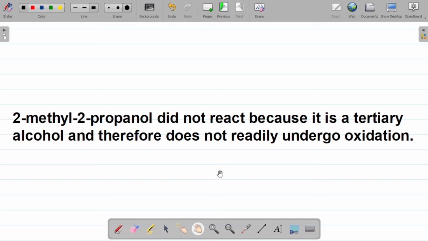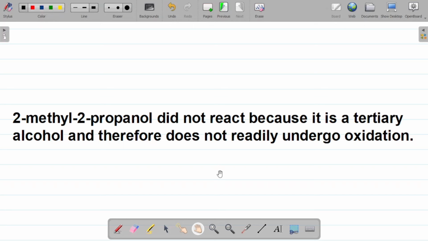These reactions are actually oxidation reactions, and since tertiary alcohols do not readily undergo oxidation, this is why 2-methyl-2-propanol did not react. All right, so let's look at the next question there.